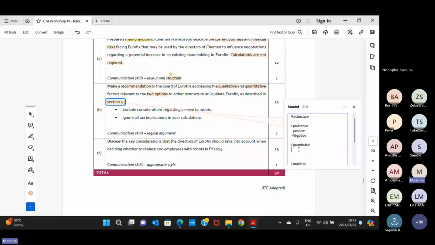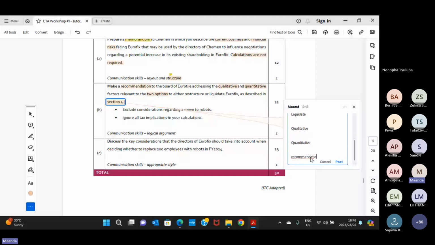Then I need to discuss liquidation. What are the qualitative factors? Again, both sides of the coin: what might be the good things and what might be some of the cons. Then I go to the quantitative side of things. And then I make a recommendation, because that's what I was asked to do.